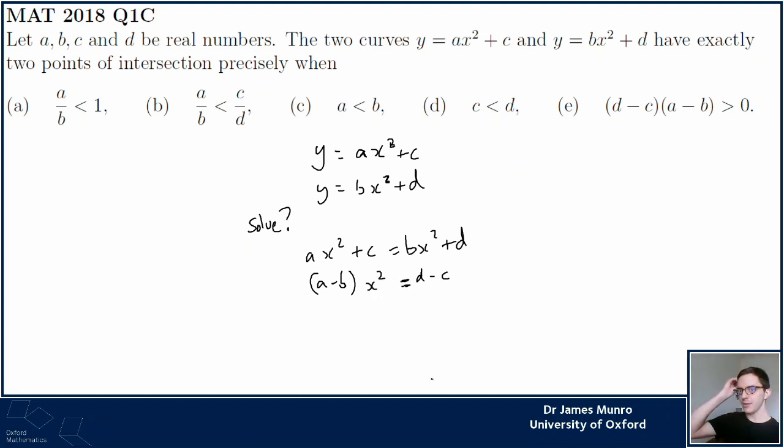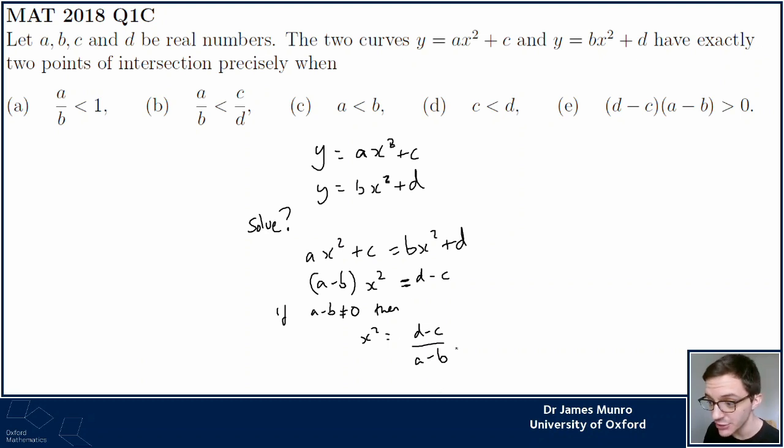So, provided a minus b is not 0, then I can divide. I can do x squared is (d minus c) over (a minus b). And that's going to have exactly 2 solutions, provided this thing is positive.